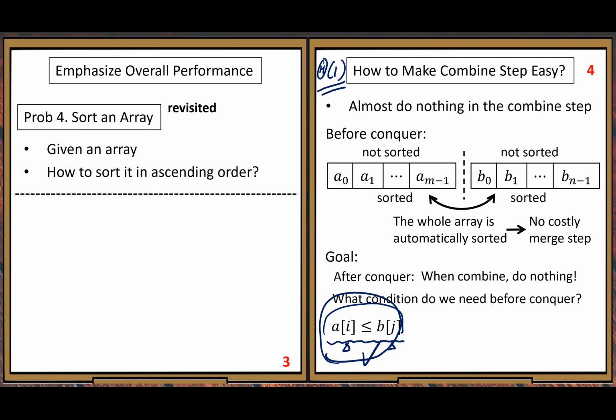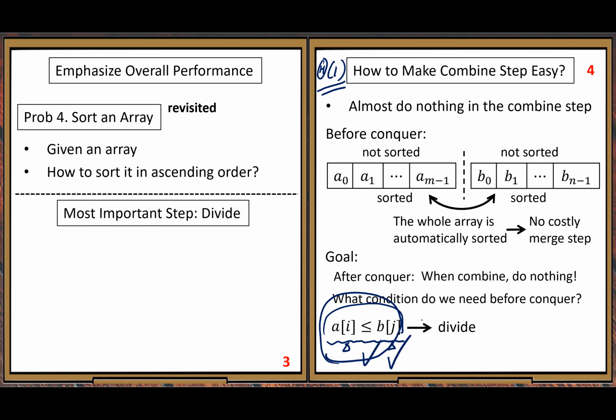That's the reason most of our workload is distributed at the divide step, because we need to make this condition work. So next, we need to look at the divide step. That's the key step of this algorithm, the most important step.